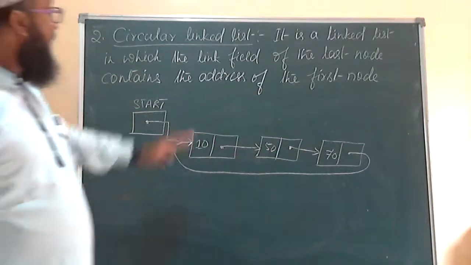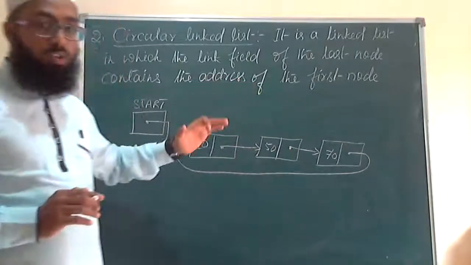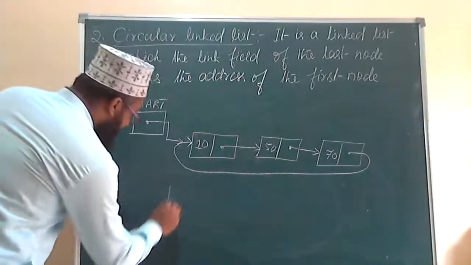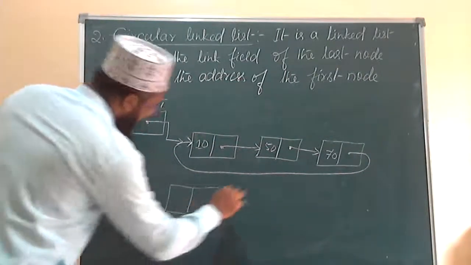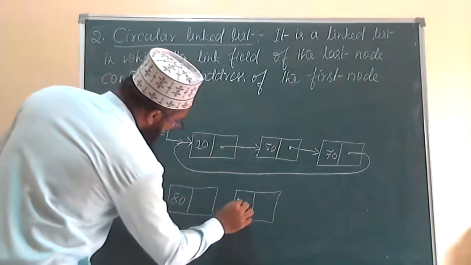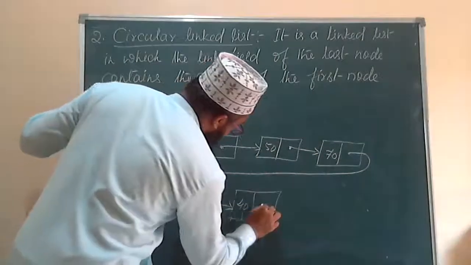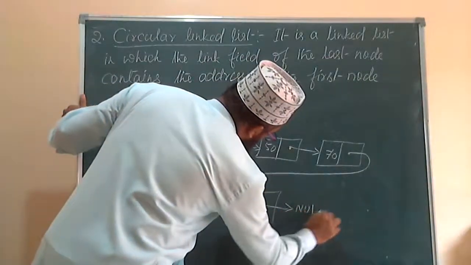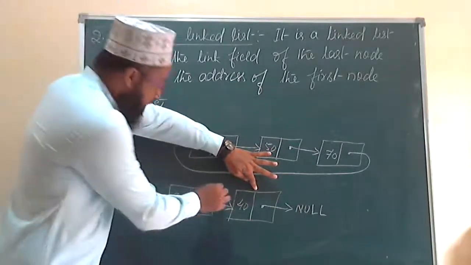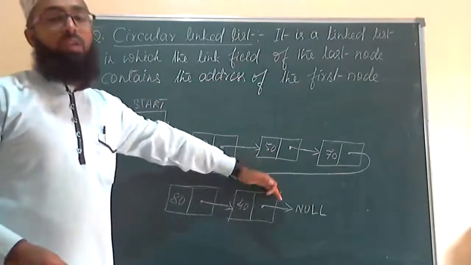But in singly linked list, there is one drawback. To overcome that drawback, circular linked list is used, because singly linked list contains only the address of the succeeding node, the upcoming node.